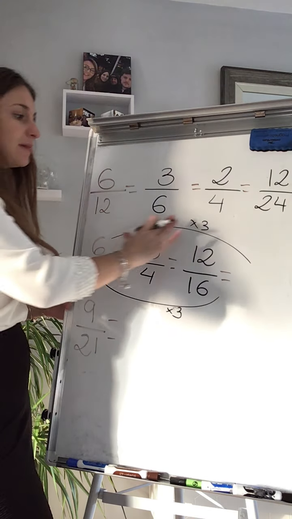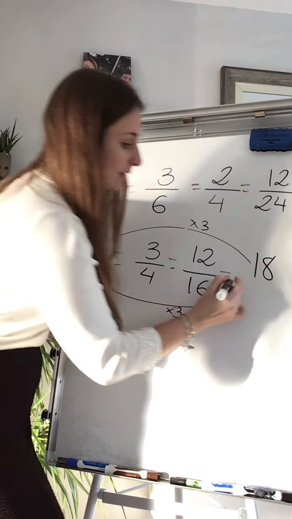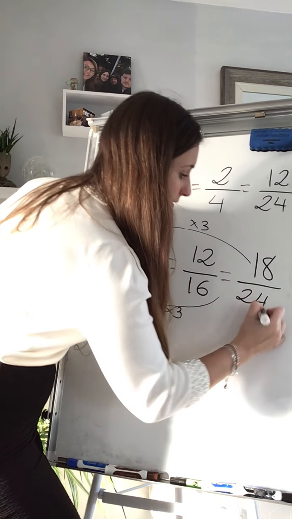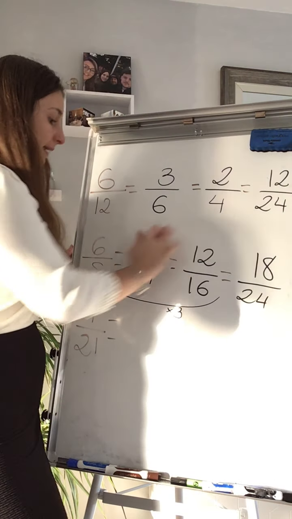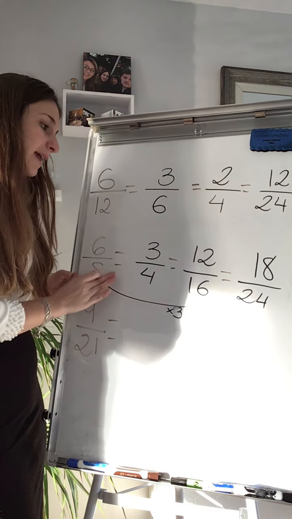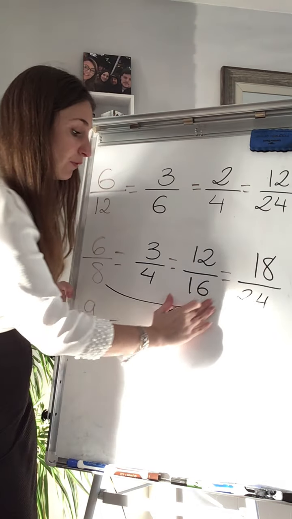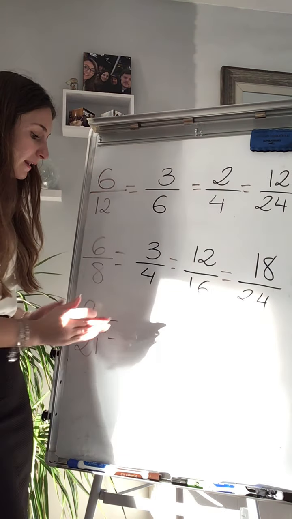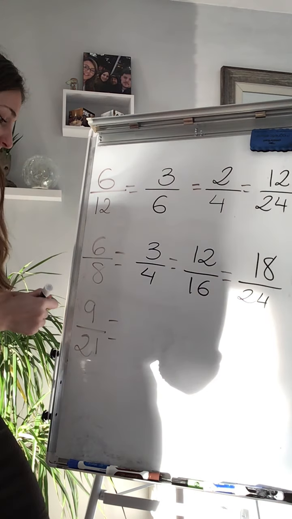So 6 times 3 is 18 and 8 times 3 is 24. So straight away I know that 6/8 is the same as 3/4 and is the same as 12/16 and is the same as 18/24. Alright, let's move to my next one. You have 9/21.